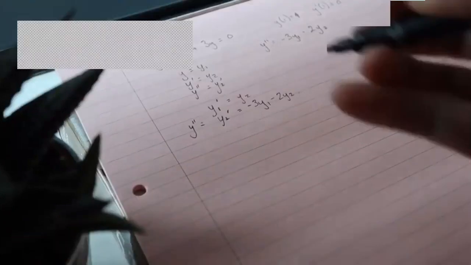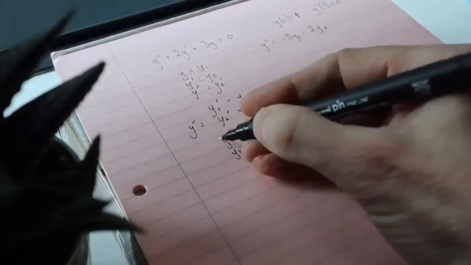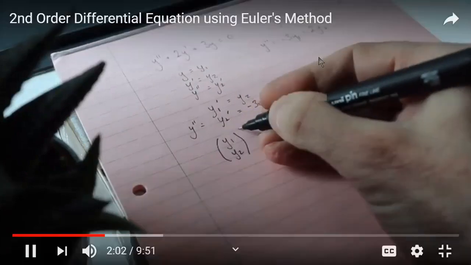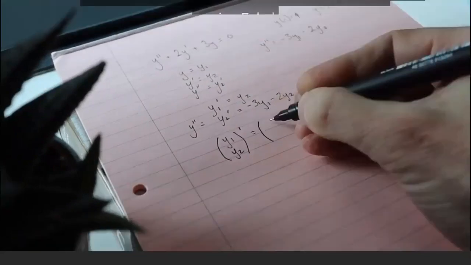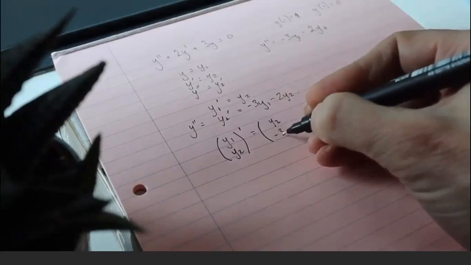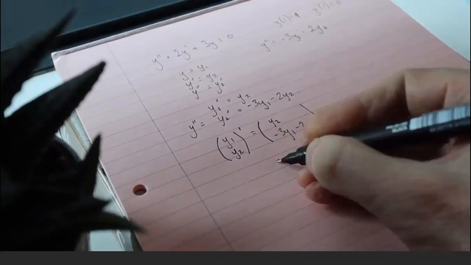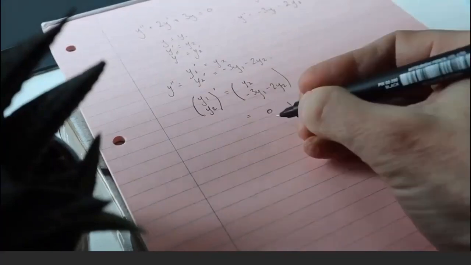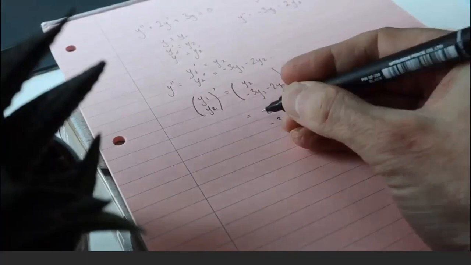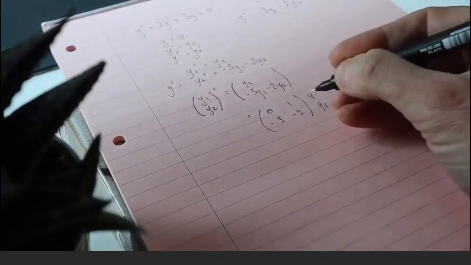Is write this in matrix form. I'm going to need that later, so I'm going to do it, although I don't need to for this part of the question. So it's that, and I can write that as 0, 1, negative 3, negative 2, times y1, y2.